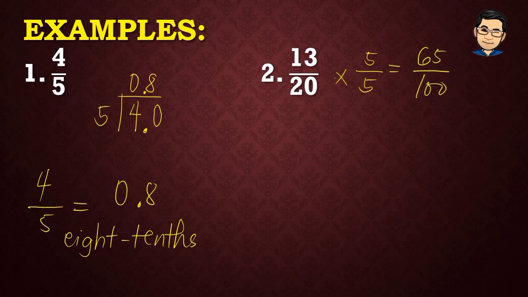Since yung denominator natin is 100, power siya ng 10, ang gagawin lang natin sa 65 is mag-move tayo ng dalawang decimal places. Okay, so 65 over 100 is equivalent to 0.65.